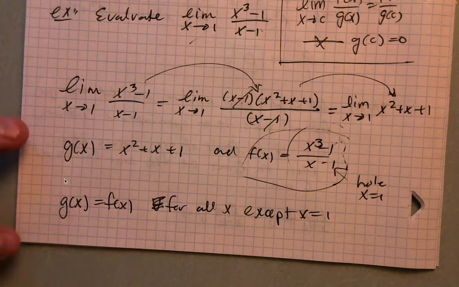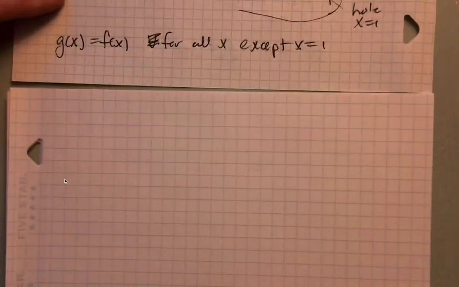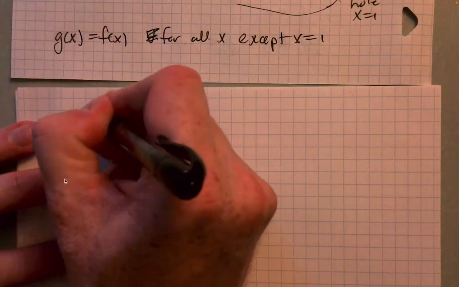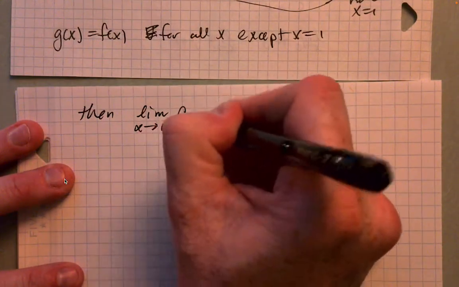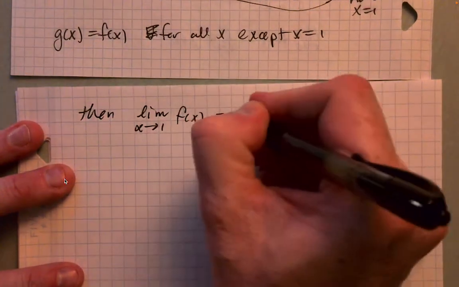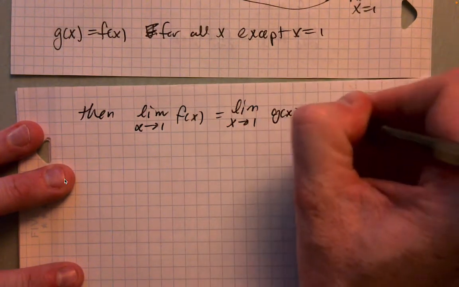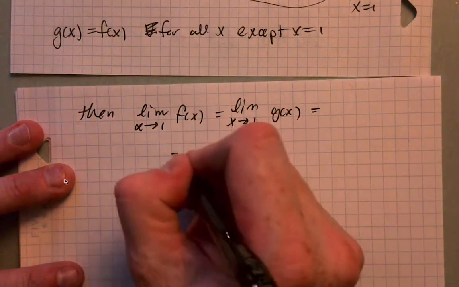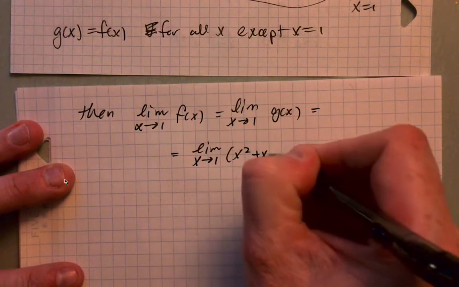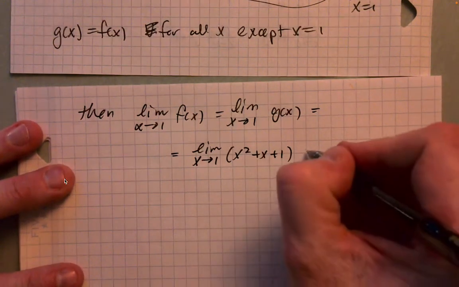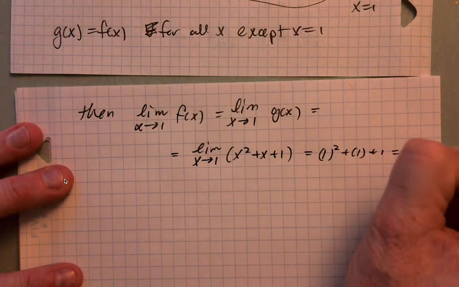And so that being the case, what we can say is the limit as x approaches 1 of f of x is equal to the limit as x approaches 1 of g of x, which obviously is what we just calculated, which is equal to the limit as x approaches 1 of x squared plus x plus 1, which is just a polynomial. So you could say 1 squared plus 1 plus 1, so that's 3.